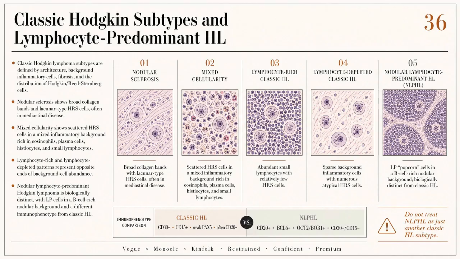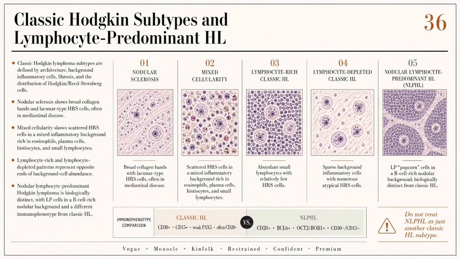In contrast, lymphocyte-predominant HL is a distinct clinical pathologic entity. Its neoplastic cells, known as popcorn or lymphocytic and histiocytic, L and H, cells, have multilobated nuclei and lack the classic RS cell morphology. Immunophenotypically, these cells are negative for CD15 and CD30, but express B-cell markers like CD20 and epithelial membrane antigen, EMA.